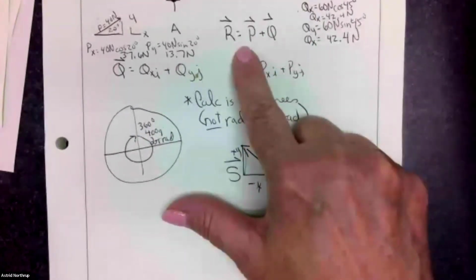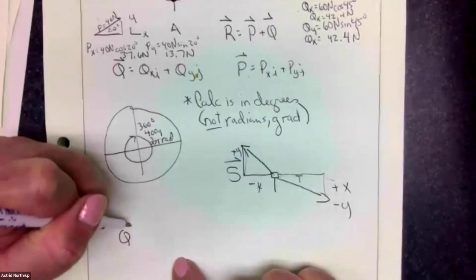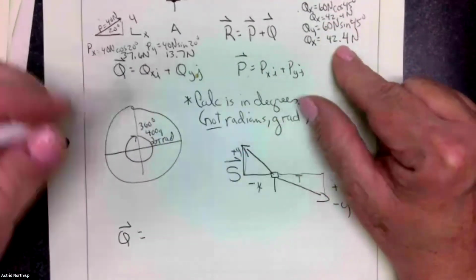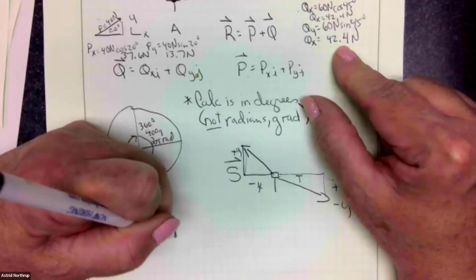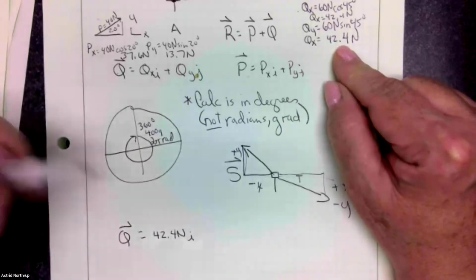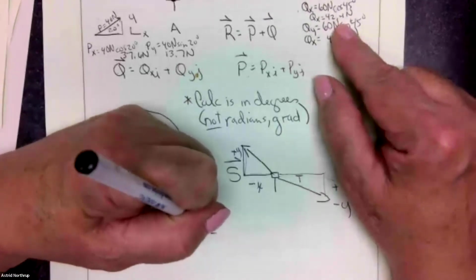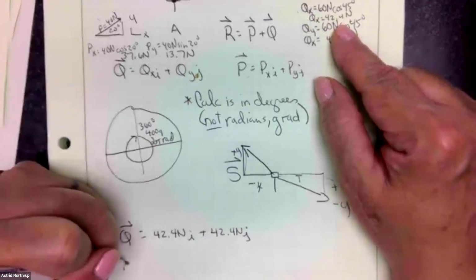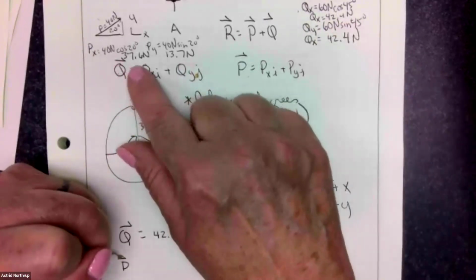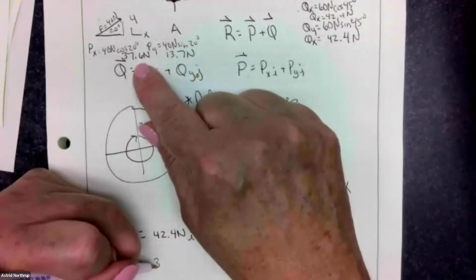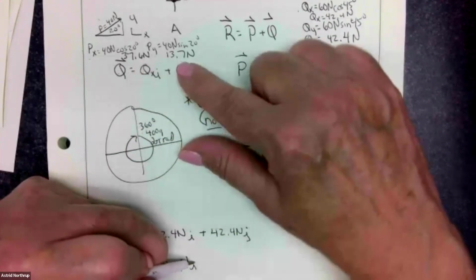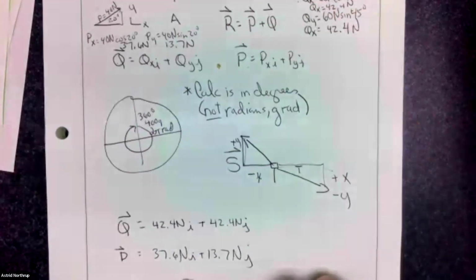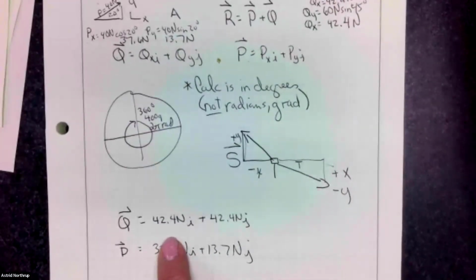All right, so I can set up my two vectors. I can say Q then is equal to Q sub x, which is positive 42.4 newtons, I'm giving it that little I as a notation, plus 42.4 newtons J. And then my P vector is, in the X direction, 37.6 newtons I, and 13.7 newtons J. Now, there's something that I would like to point out to you.